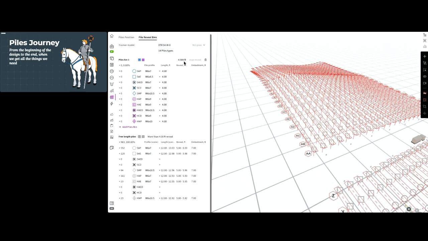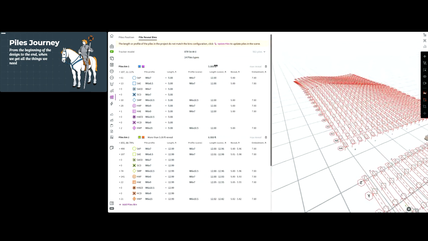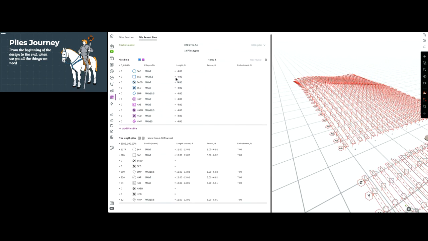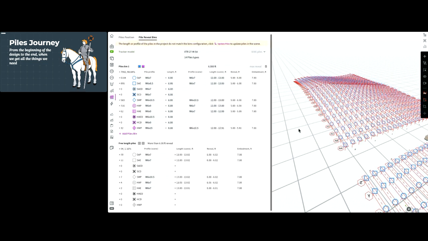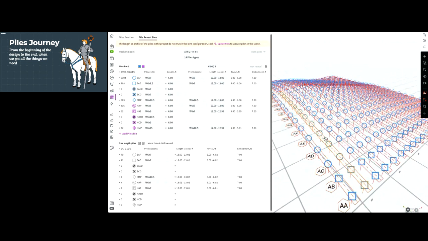The way it works is that you define the bin and you will get a bunch of piles moved into this bin. I'll switch to a different tracker type and I can do the same thing again and again. And you can see that as soon as those piles arrive in some bin class, they are being colorized.